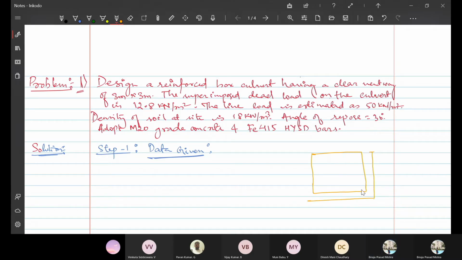This is the outer one. I beg your pardon, my drawing is not that accurate, so please bear with that, but still I am trying my level best. It is given that this inside vent way is 3 meters, and this one is also 3 meters.